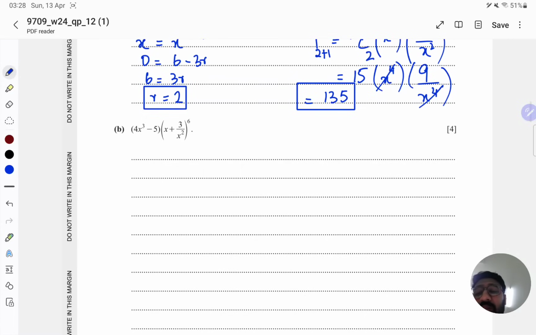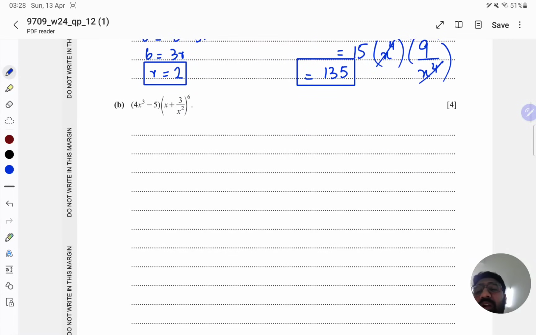For the next question, we are supposed to again find out a term which is independent of x. But we need to multiply it with x cube minus 5. So, x cube minus 5, if I multiply it with the first term 4x cube, I need to multiply with x power of minus 3 from the bracket, and the second term I need to multiply with x power of 0.